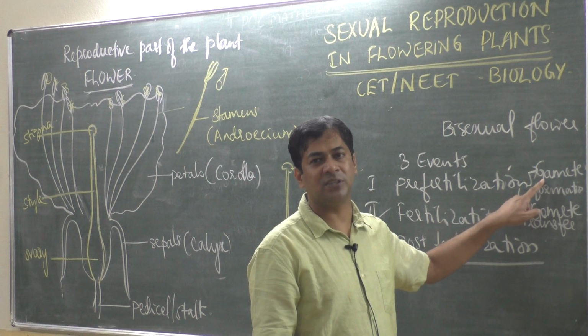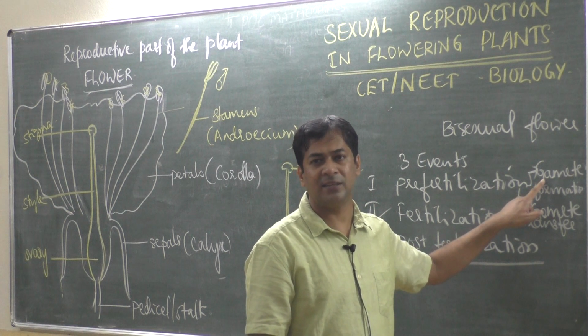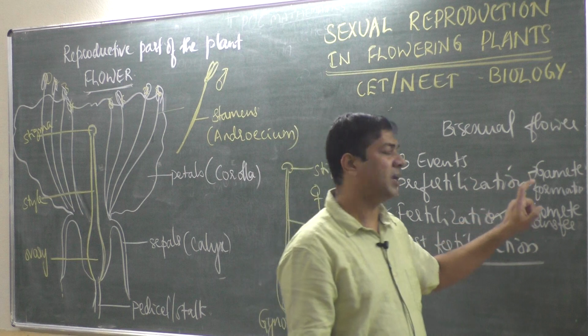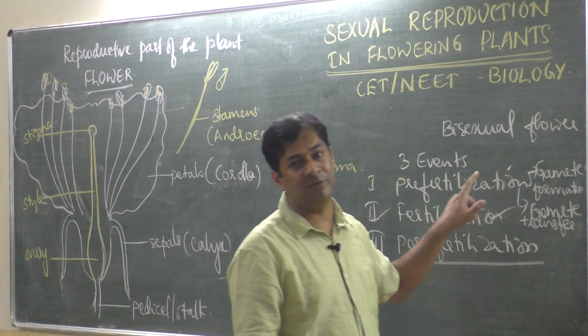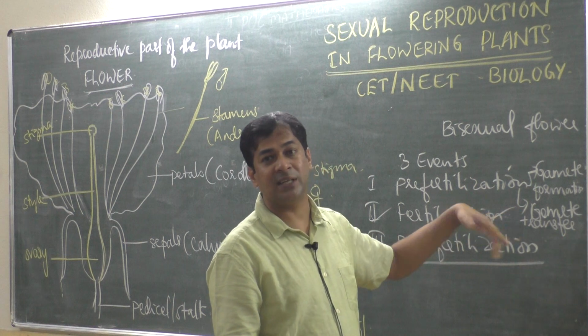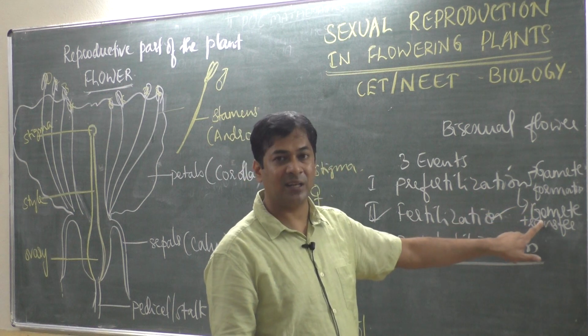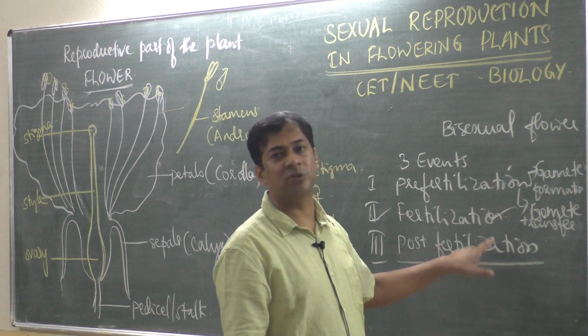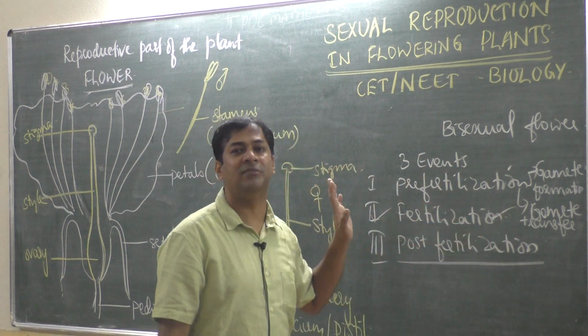In this chapter, first we will learn pollen grain formation in the anther, then how the egg is produced in the gynoecium, then pollination and types of pollination, which is gamete transfer, then fertilization, double fertilization, triple fusion, then we will learn post-fertilization stages.